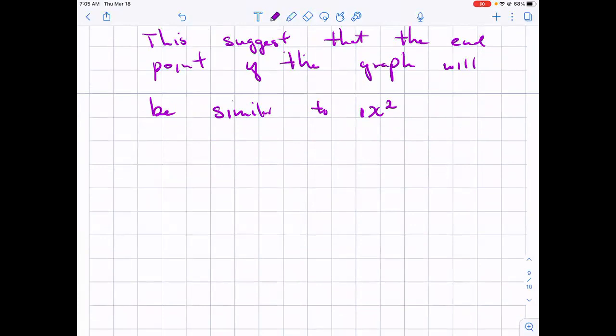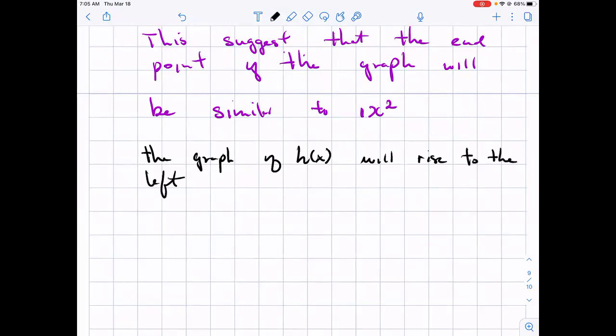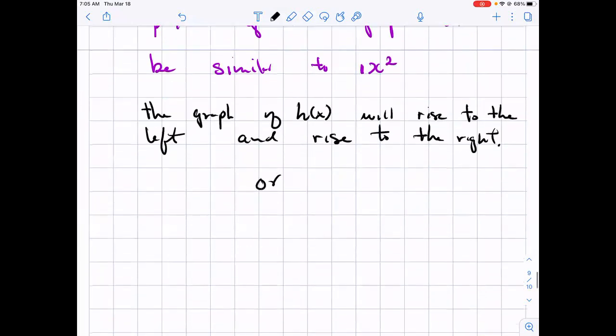So what we can say is that the graph of h of x will rise to the left and rise to the right. Or we can say as x approaches negative infinity, h of x approaches positive infinity.